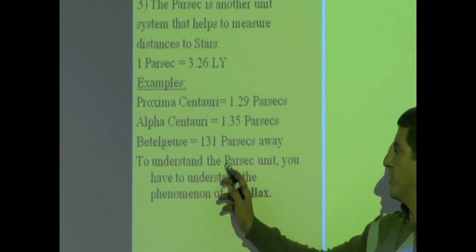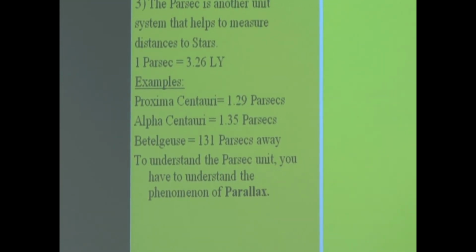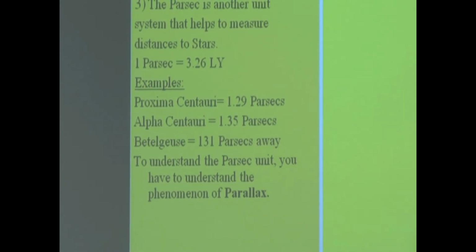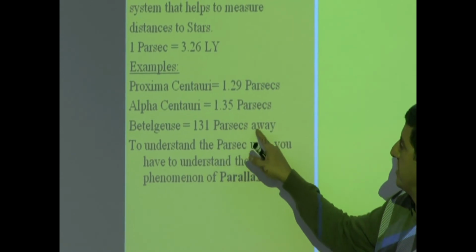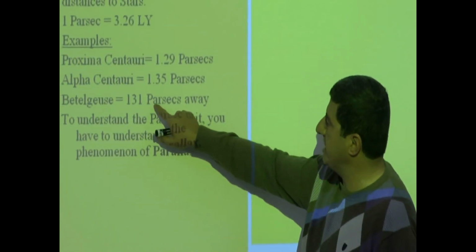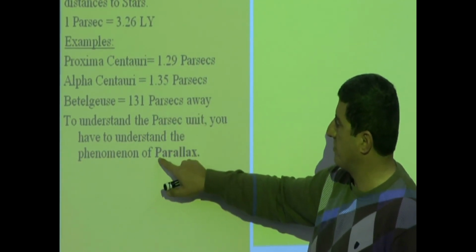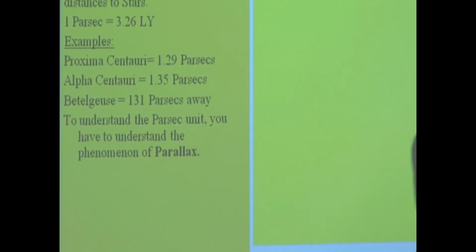So to understand the parsec unit system, you have to understand the phenomenon of parallax. So where does the parsec unit system get its name from? P-A-R, par, comes from parallax. Okay?